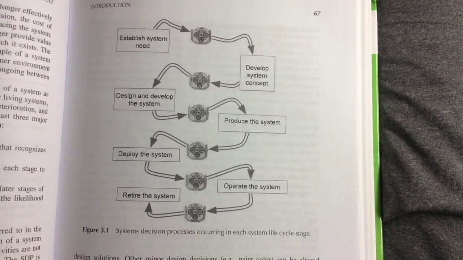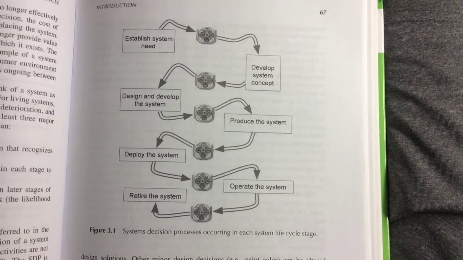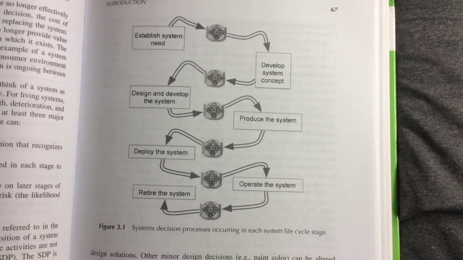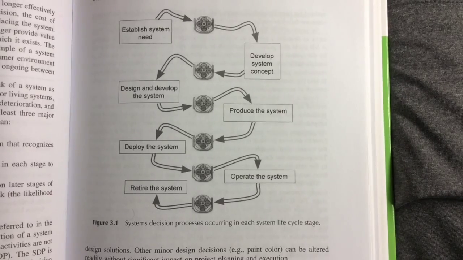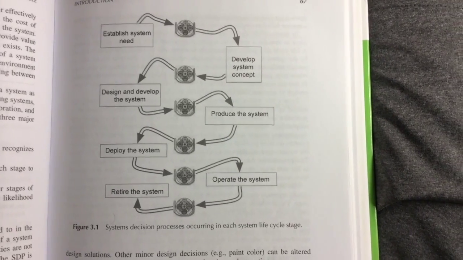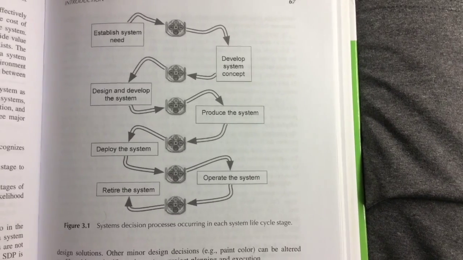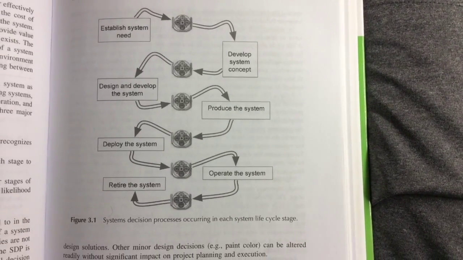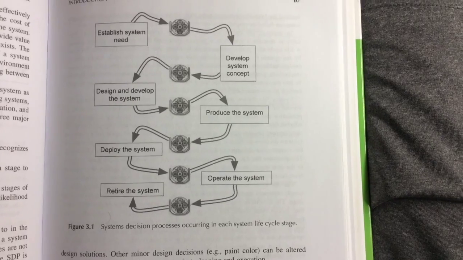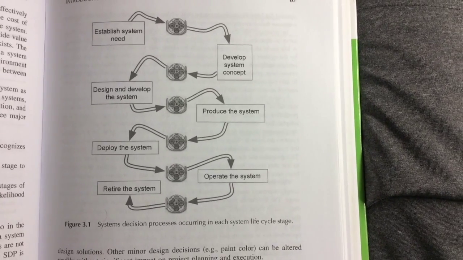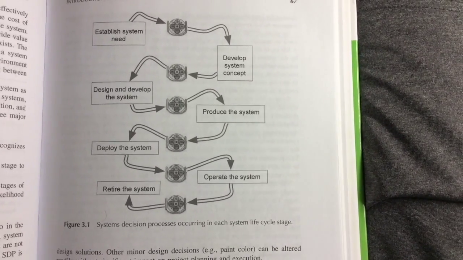He then made the system. He deployed the system, as we say, he used the system, and then he operated the system, and I would say that the old way of doing the assembly line was retired, but the main concepts are still here, and we just started back at the beginning at establishing a system need and just made it more efficient.